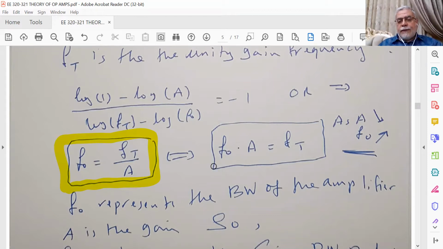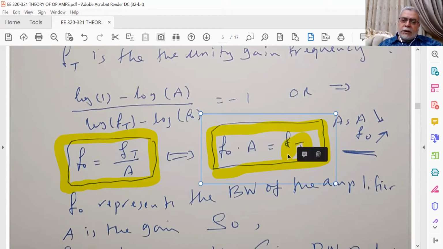So f node multiplied by A equals ft. Ft is constant for the specific operational amplifier. So f node multiplied by A is the bandwidth multiplied by the gain, and we have the gain bandwidth product is constant.